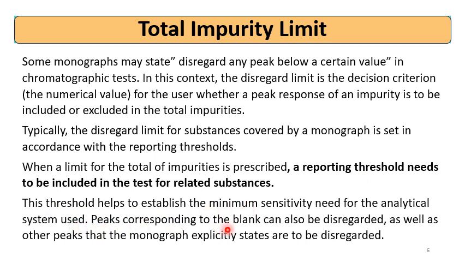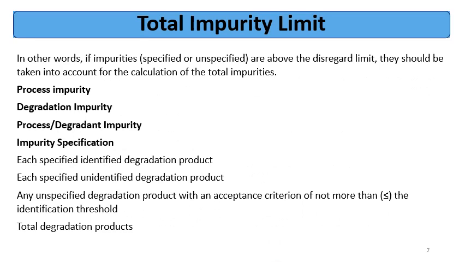Peaks corresponding to the blank can also be disregarded, as well as other peaks that the monograph explicitly states are to be disregarded. So this is the requirement, and as per the monograph, we can consider the disregard limits and the disregard criteria.